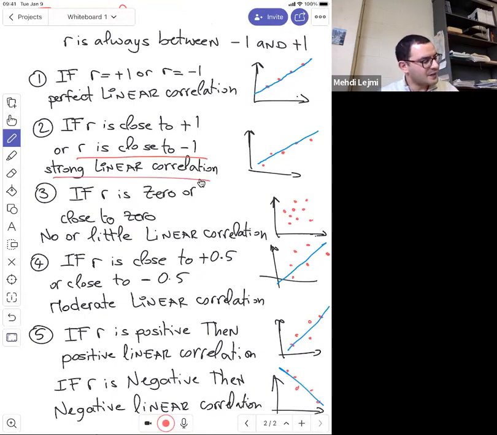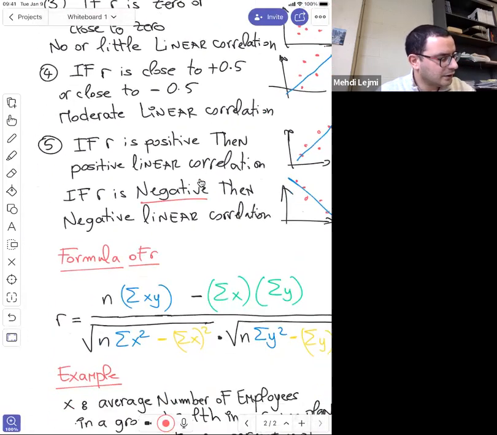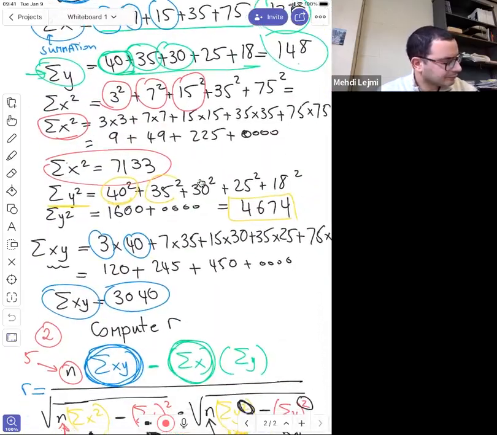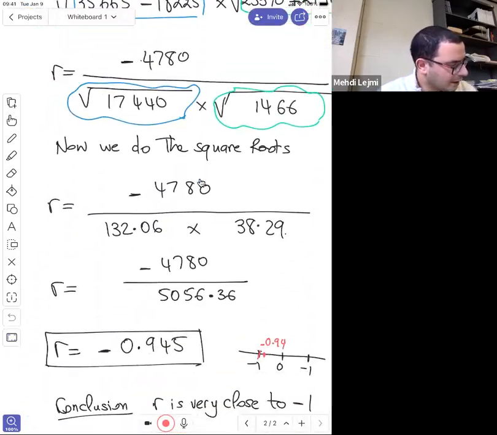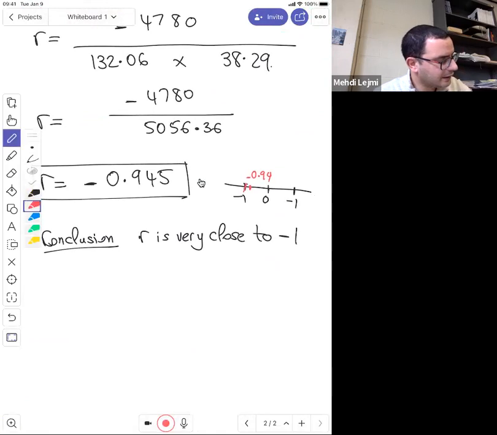And because R is a negative number, our linear correlation is a negative linear correlation, so our line goes down. R is very close to -1.